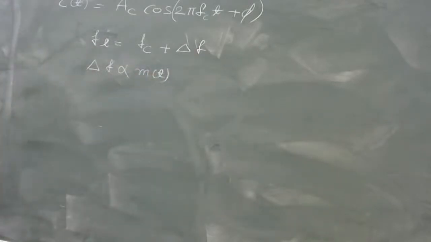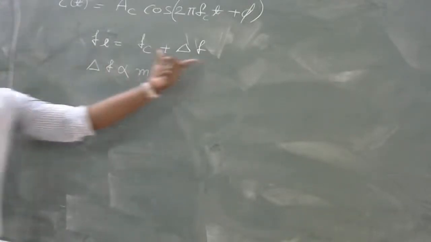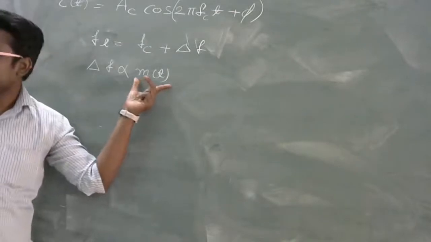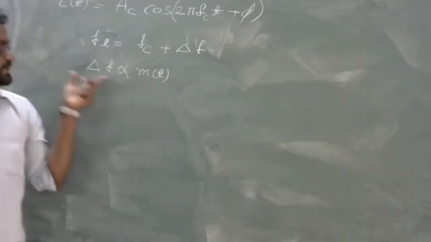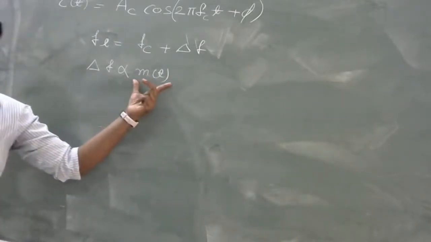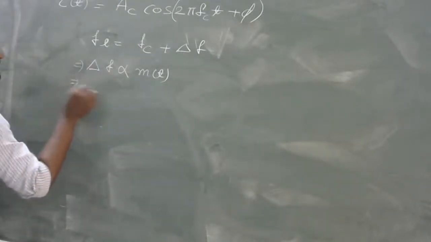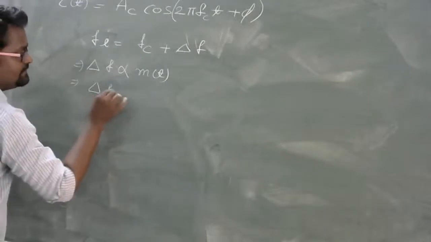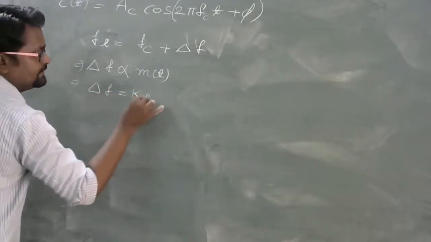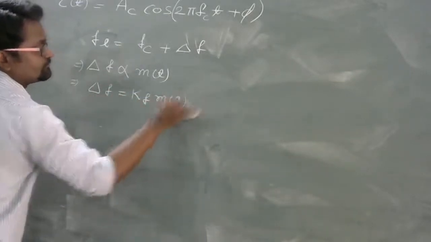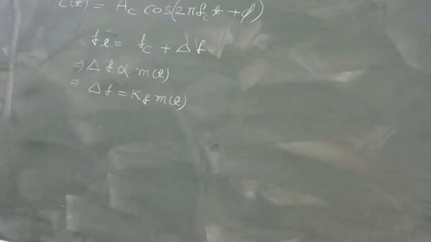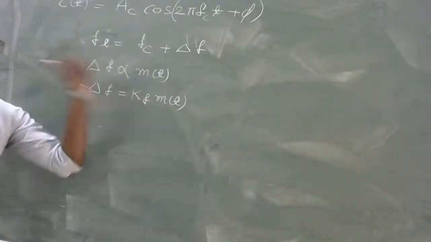After modulation, this del F varies according to the instantaneous value of the modulating signal, so we can write del F as a function of m(t). If we eliminate the proportionality sign, we can write del F equals Kf into m(t).